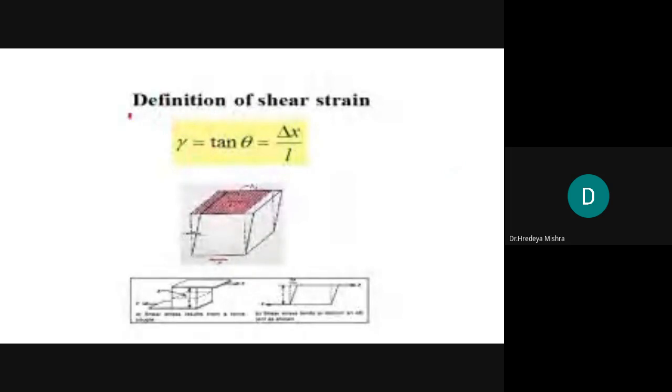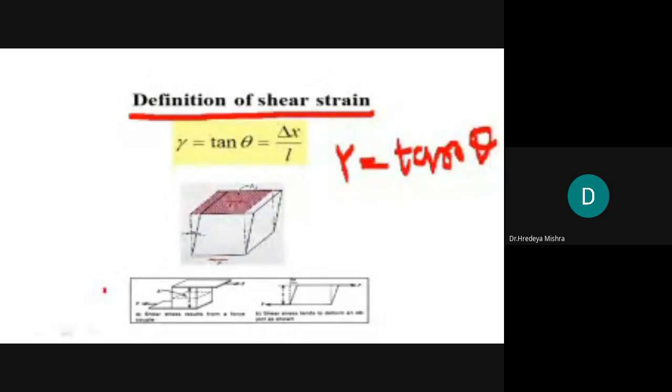Now see, defining shear strain. It is represented by gamma. Gamma is tan theta.